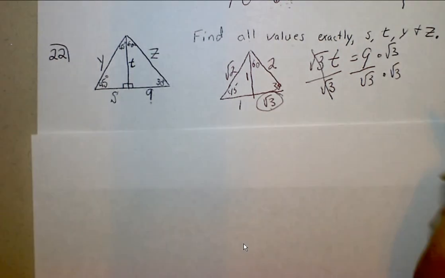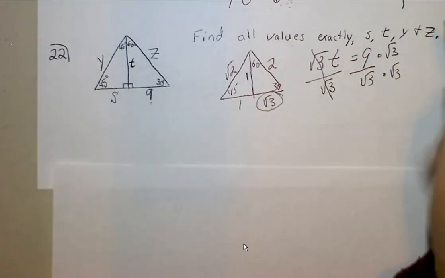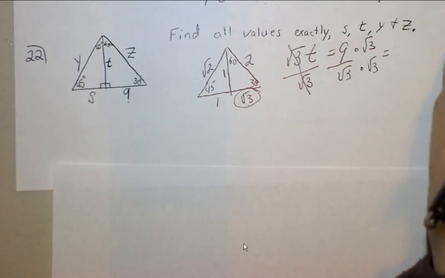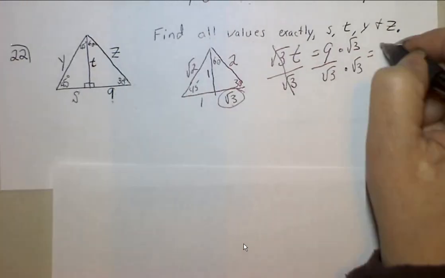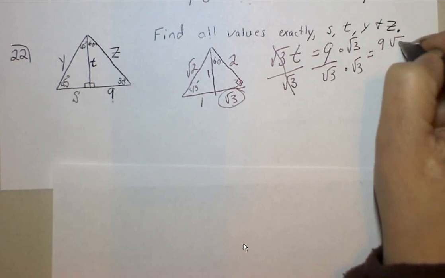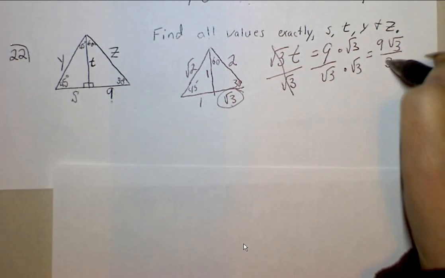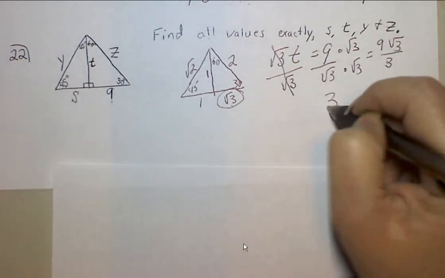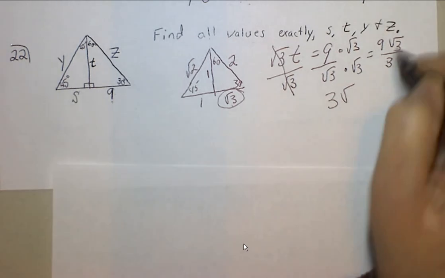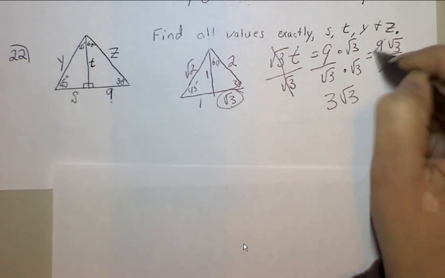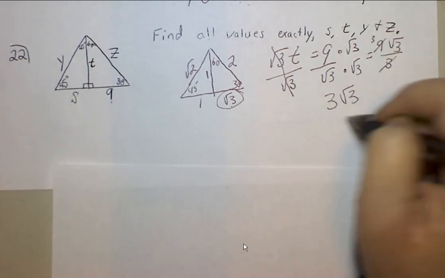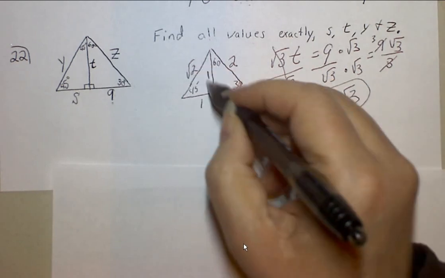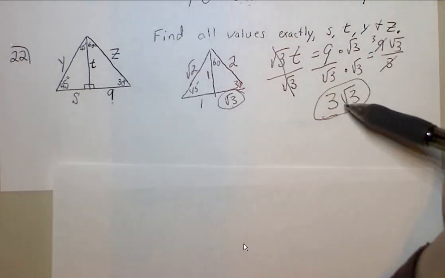So I'm left with 9 square roots of 3 over 3. 3 goes into 9, so I can reduce it. So I have 3 square roots of 3. That is my scale factor. That is what I multiplied every single side by to get that. So all I have to do is come back and multiply everything by this.